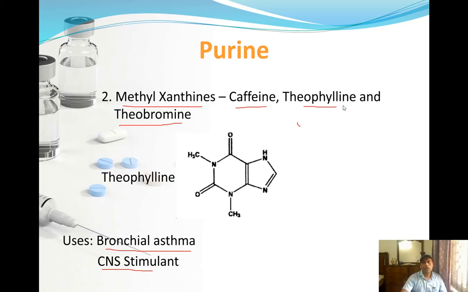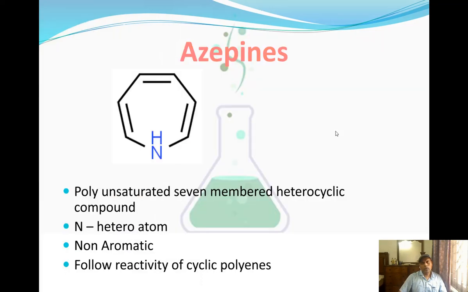This is the structure of theophylline with the purine. It is a purine derivative, or it has the purine ring on it. These compounds, methyl xanthines, are also diuretic. Alright, that completes the purine.